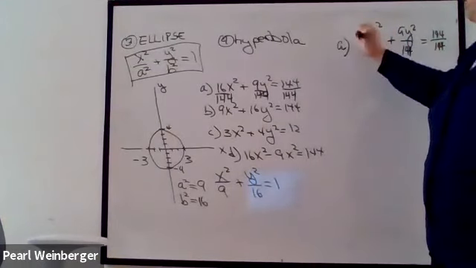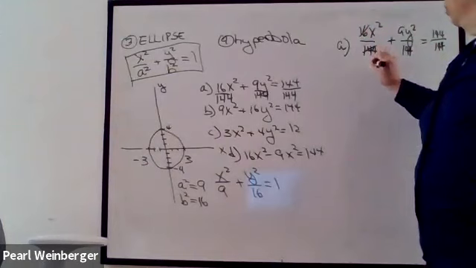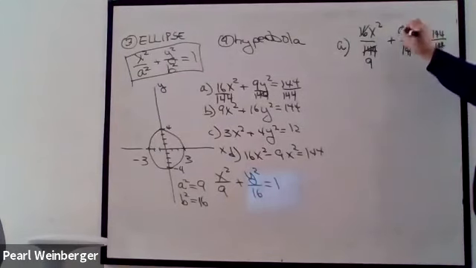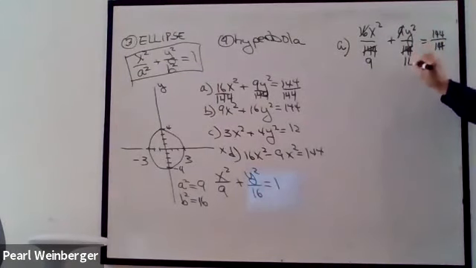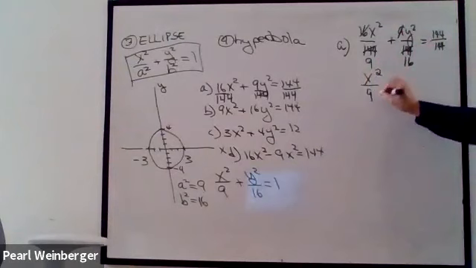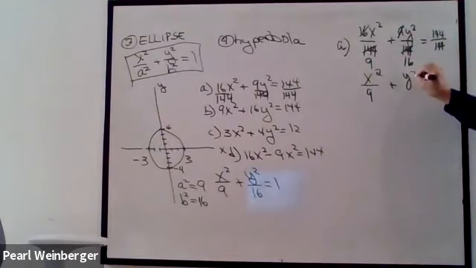When I divide 16 into 144, it gives you 9. And 9 into 144 gives you 16. So the first one in standard form is actually x squared over 9 plus y squared over 16 equals 1.